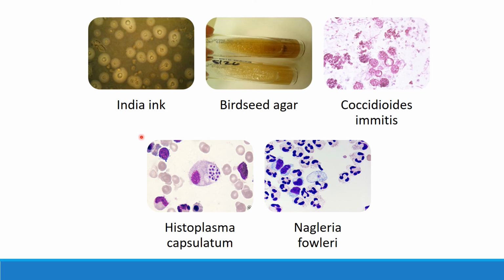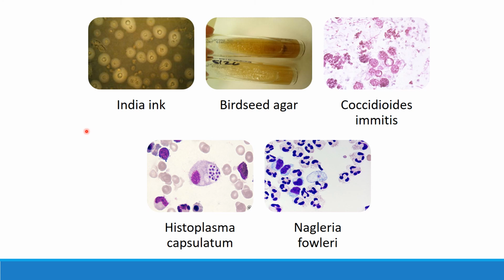One of the tests that we do on CSF in the microlab is called India ink. This particular test is specific for Cryptococcus neoformans. You can see the budding yeast cells that are present in this field.